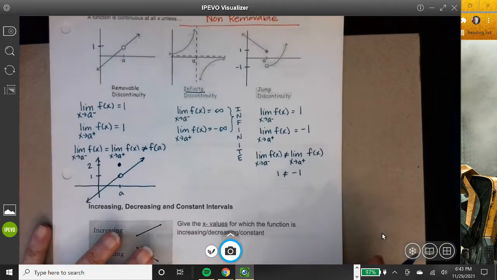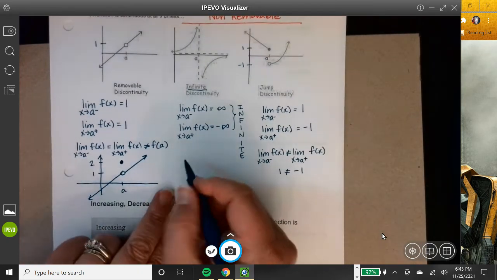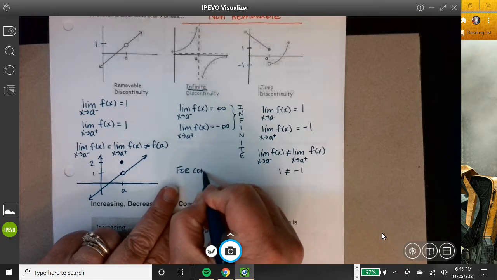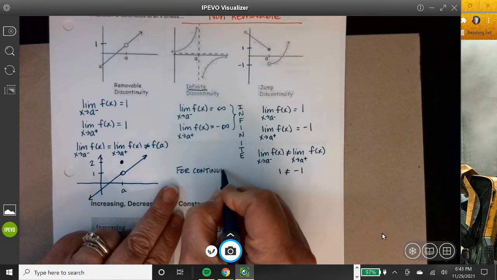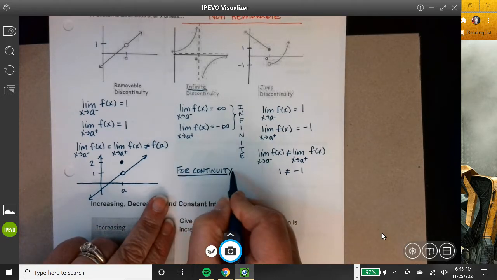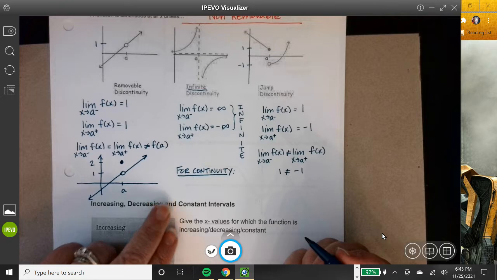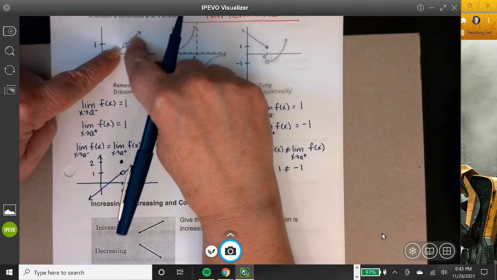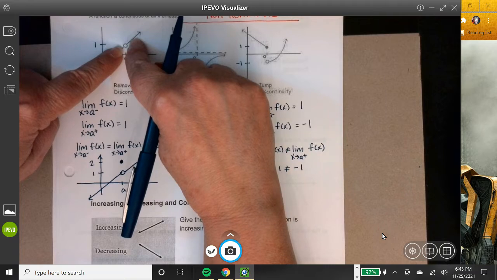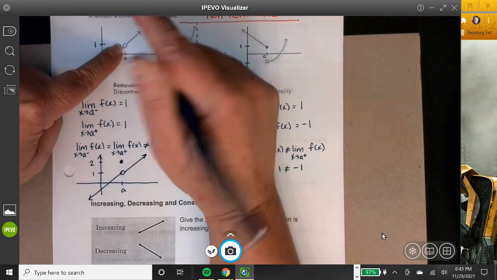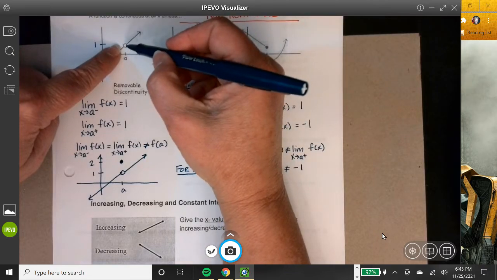Well, after all of that, for continuity, what's different for a function to be continuous? Well, the limit from the left has to equal the limit from the right, so they have to meet up. But what has to be true for this to be continuous? They not only have to meet up, but f of A, which you would expect to find here, that's got to be a solid dot for it to be continuous.